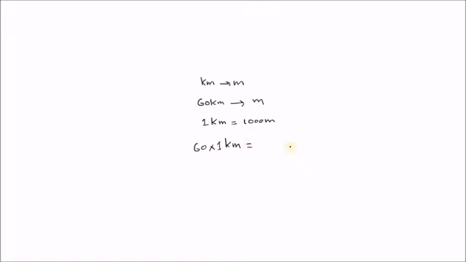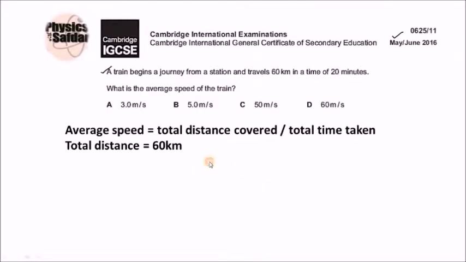The same method you will do on the right hand side: 60 into 1000. Your left hand side becomes 60 kilometers, and on the right hand side you will get 60,000 meters. So in this way you can write 60 kilometers is equal to 60,000 meters.